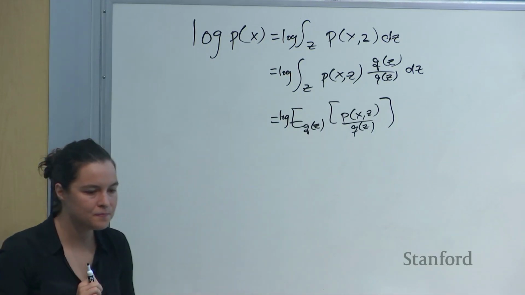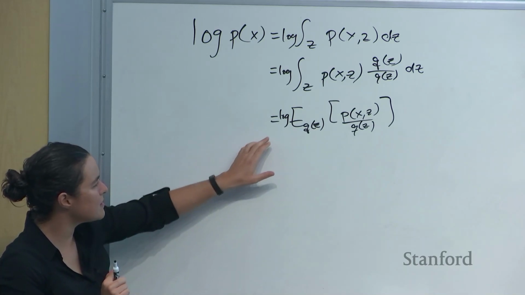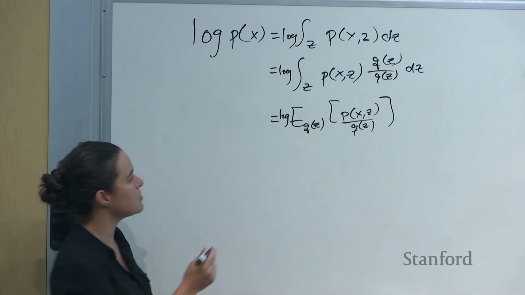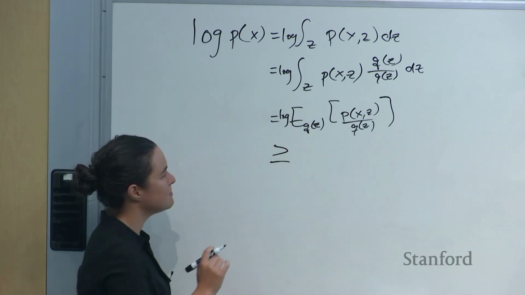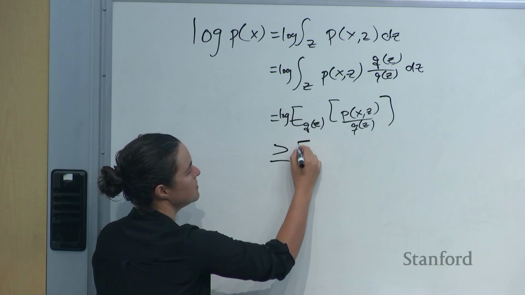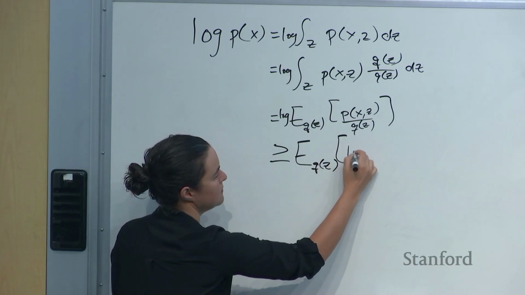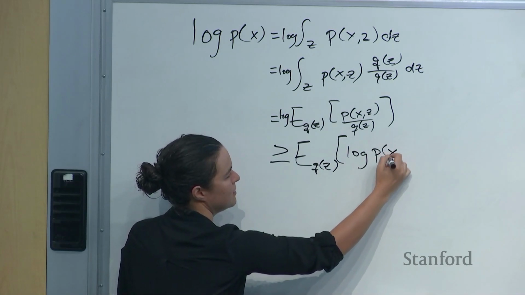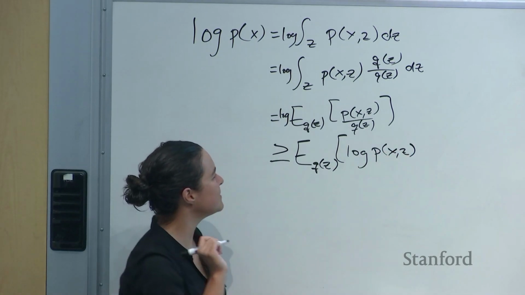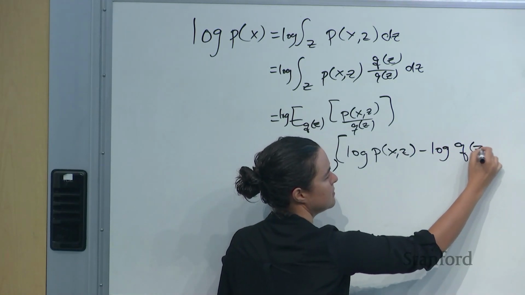Then with Jensen's inequality, we can bring the log into the expectation, and we get a bound, which corresponds to an expectation with respect to Q of z of log P of x comma z minus log Q of z.